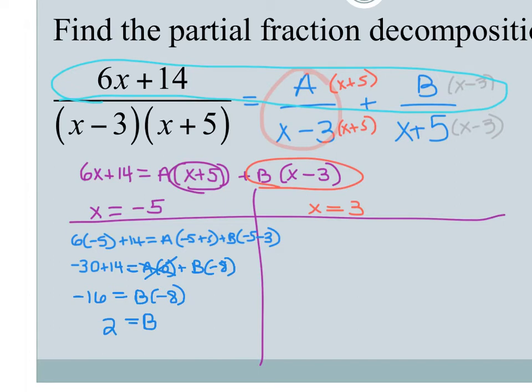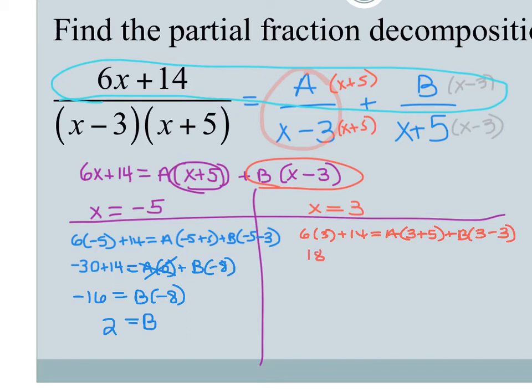Now I'm going to repeat that whole process by plugging in 3 for x, and this time I'm canceling out b and leaving a. So I'd get 6 times 3 plus 14 equals a times 3 plus 5 plus b times 3 minus 3.